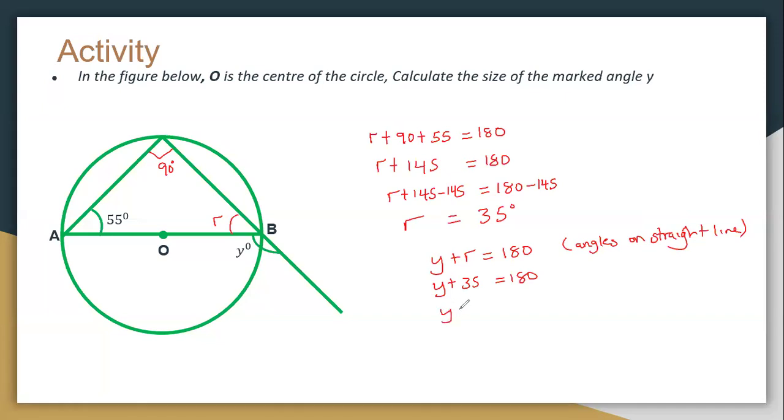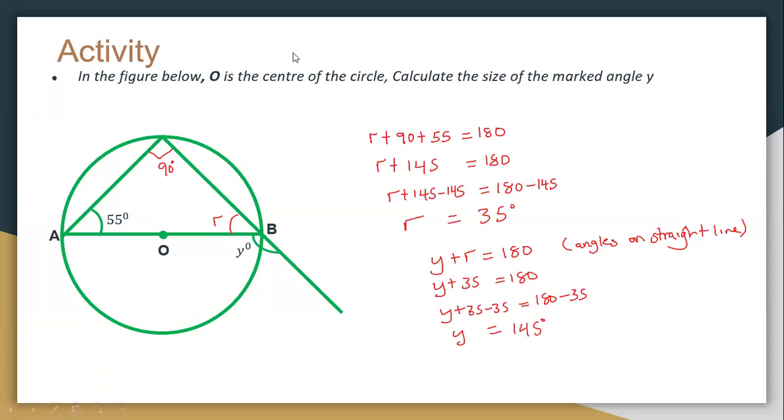Y plus 35 minus 35 equals 180 minus 35. Y equals 145. Thank you so much. Let me hope everyone is getting that. Yeah, that is correct. Thank you.